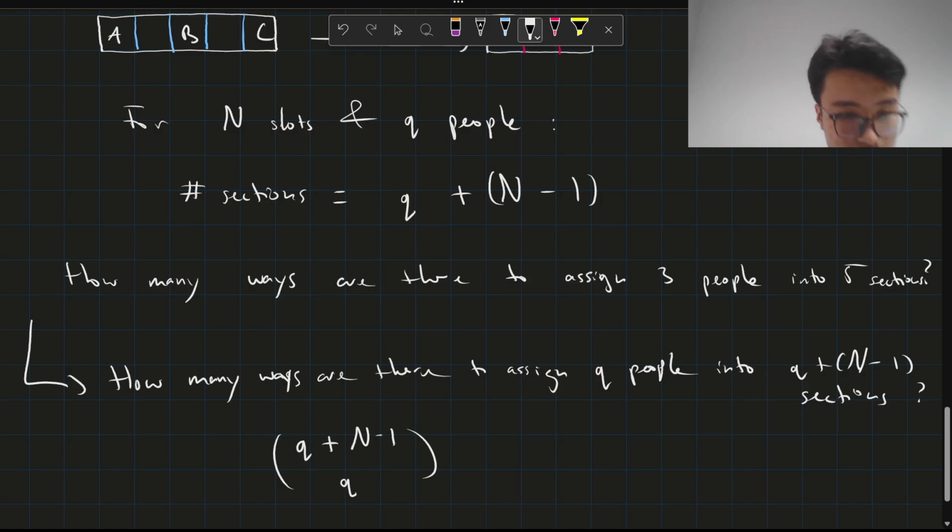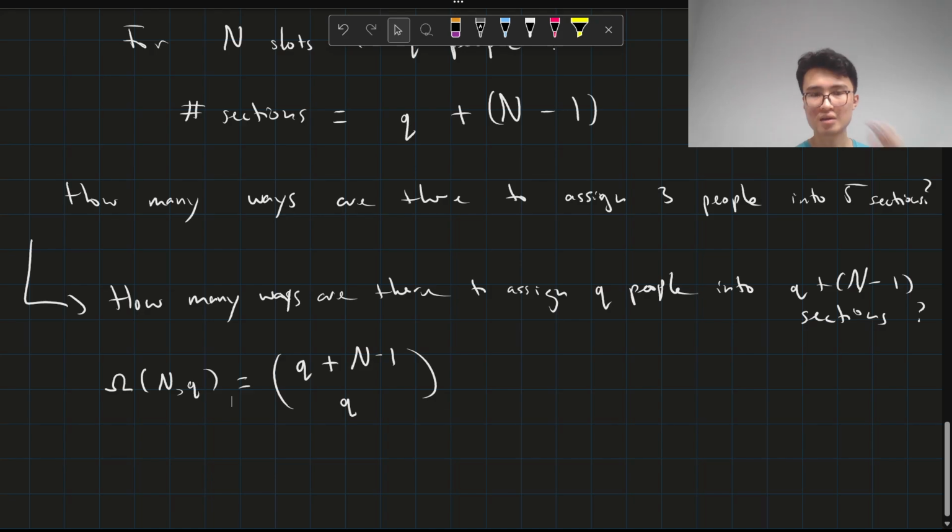Let's say this is our function omega(n, q). If you give me n slots and q people, this is the number of ways to assign q people into q plus n minus 1 sections.